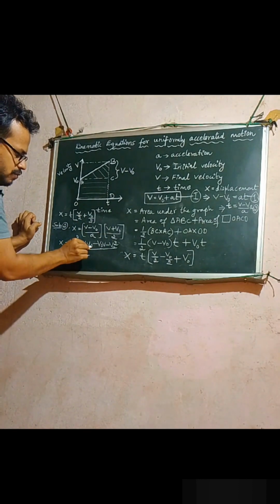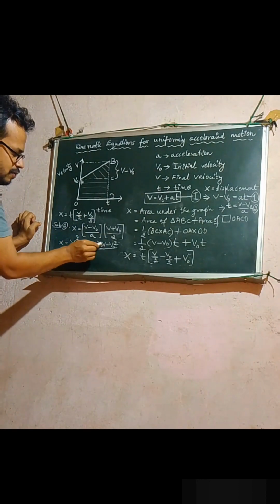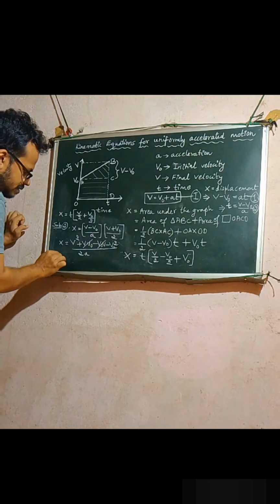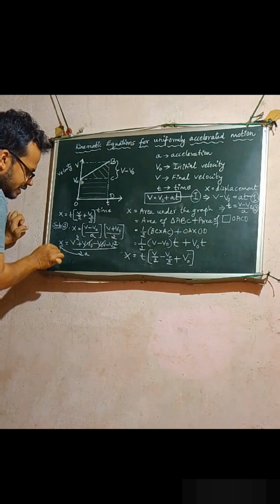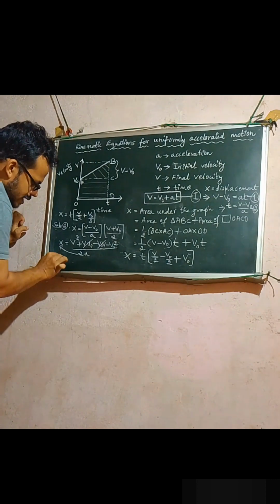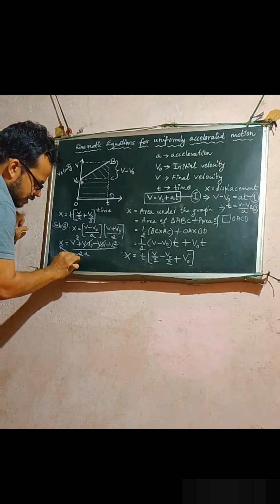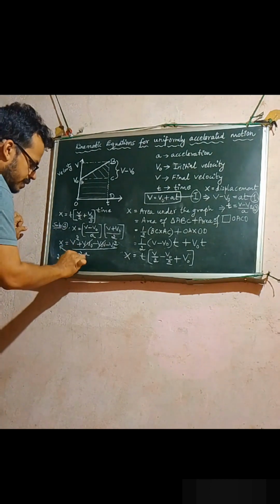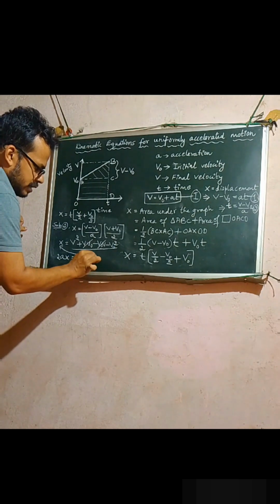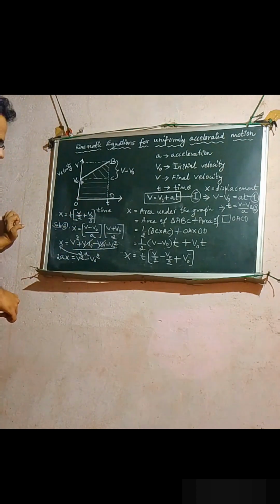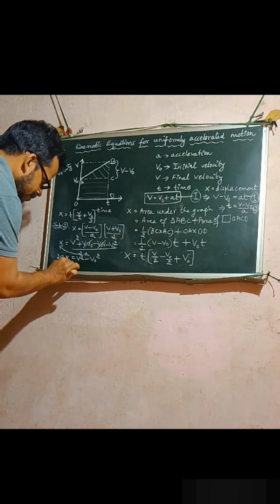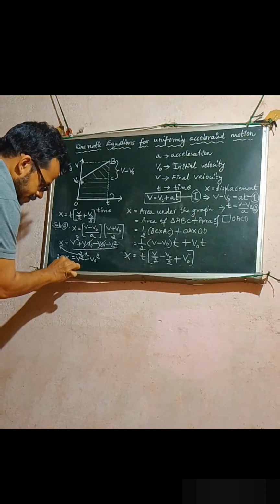So here v naught into v and minus v naught into v, these two we can cancel. So what is remaining is, I'll bring 2a to this side, so I will get 2ax is equal to v square minus v naught square.